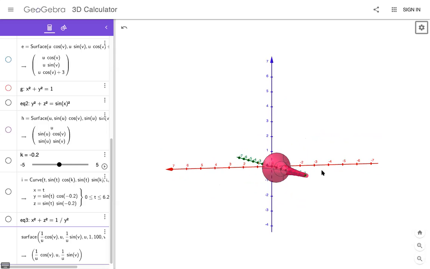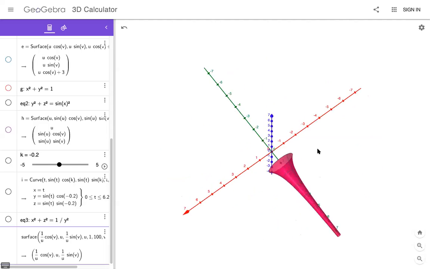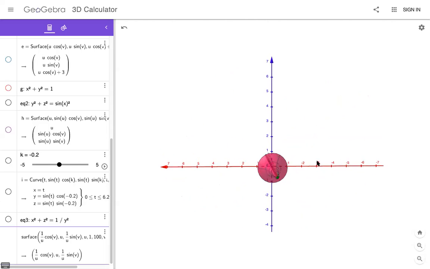Let me try that again. It has infinite surface area, but finite volume, which means that you can fill it up with paint, but you can't paint it, which is weird. Infinite surface area, finite volume. It's a weird little object, a fun little thing to play with. So that's called Gabriel's horn, and that's what that looks like.